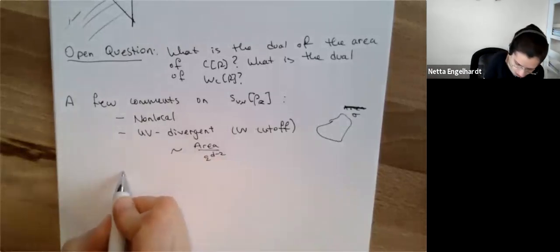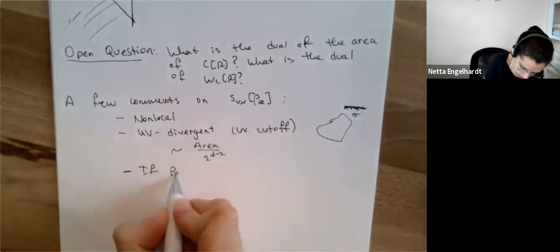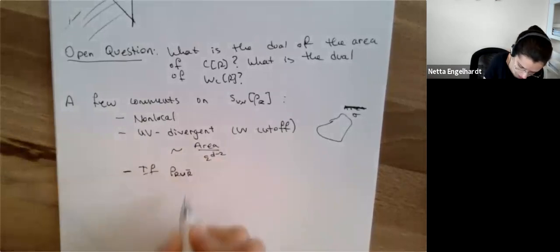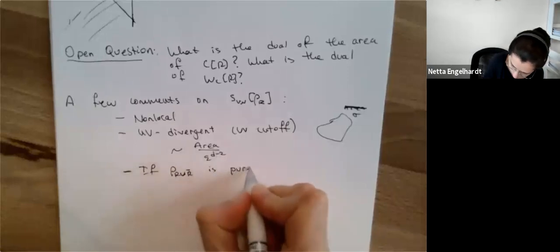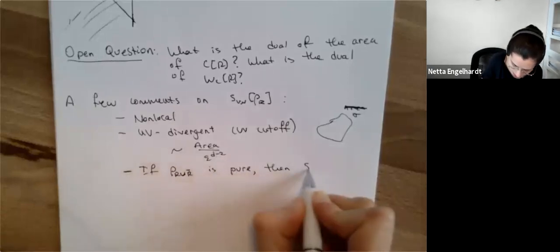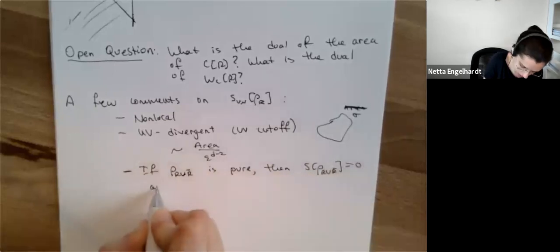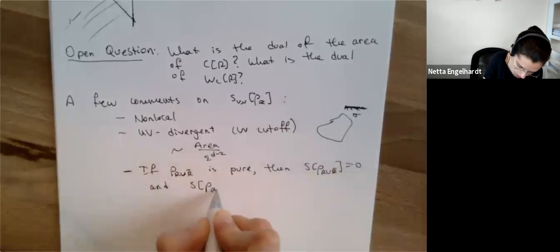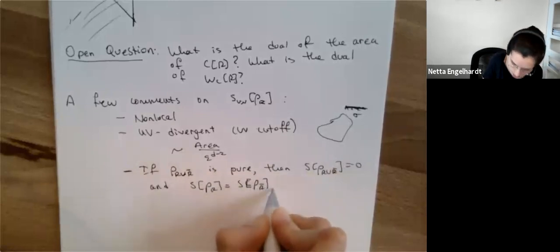Another important point for us is that if the entire system, rho R union R bar, where R bar means complement, is in a pure state, then S of rho equals 0, and S of rho R is going to be equal to S of rho R bar.